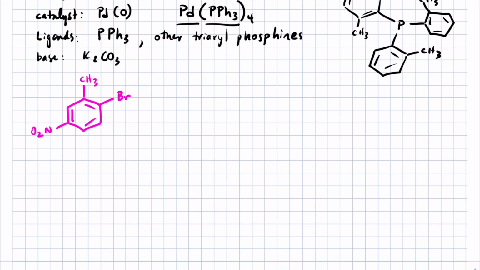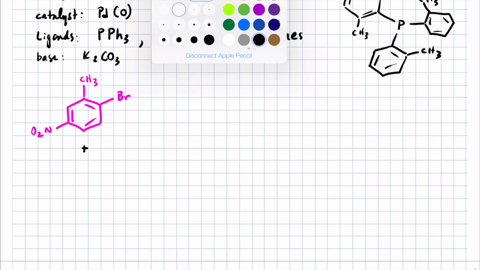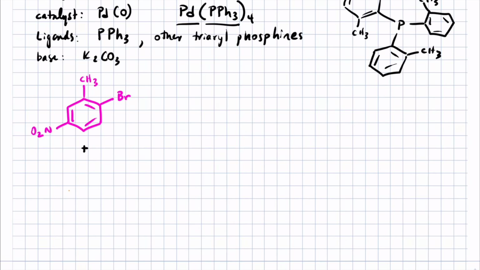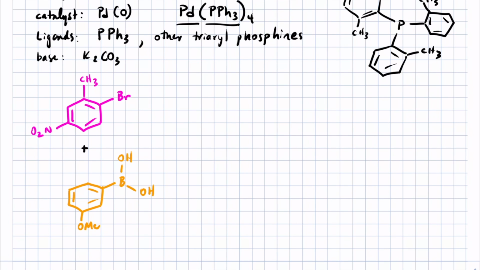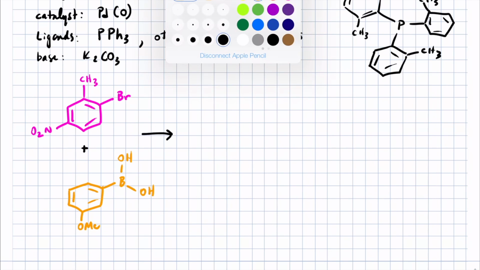And then let's have the other partner be the boronic acid. And again, the pink compound on top, you would be able to synthesize based on things you learned in 352. The boronic acid on the bottom, we wouldn't worry about how to synthesize that.